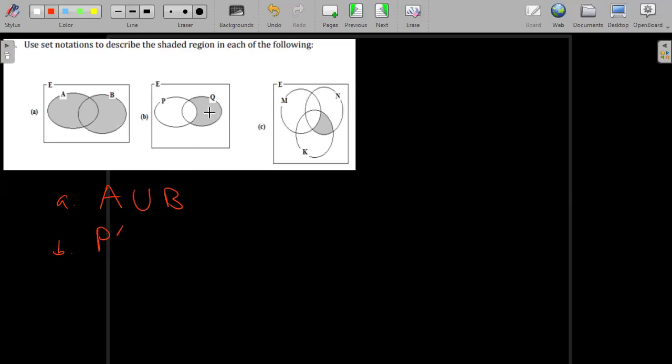It has to intersect with Q, because part of Q is what is shaded, but the entire P is not shaded. So that is P complement intersect Q, because Q is the part where it is shaded. Do I have any questions on this one? Is anybody lost on how we've gotten P complement intersection Q?